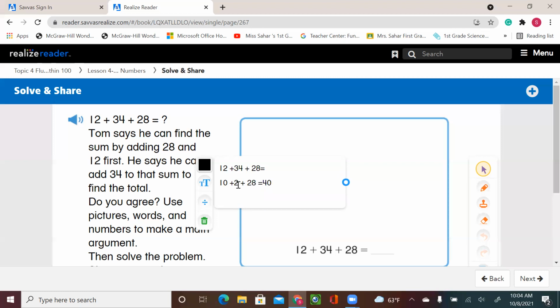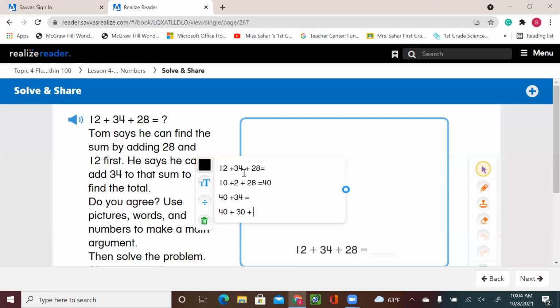Then he goes and we'll add 40 plus the last addend that we need to add, 34, equals. So we can also break the second addend into tens and ones. So let's do it this way. Let's go 40 plus 30 plus 4.